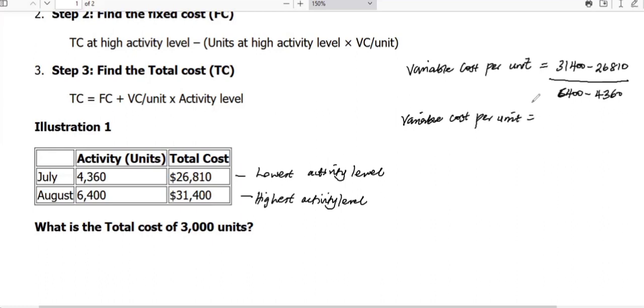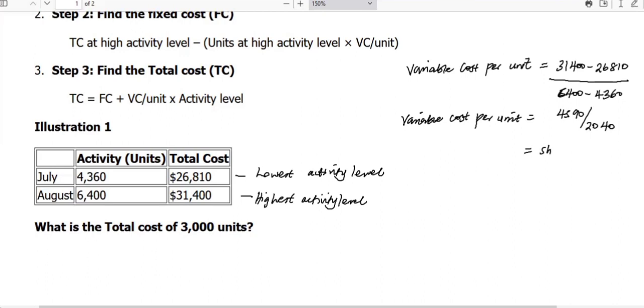So your variable cost per unit, 31,400 minus 26,810 gives us 4,590 over the change in output, 6,400 minus 4,360. This is 2,040.